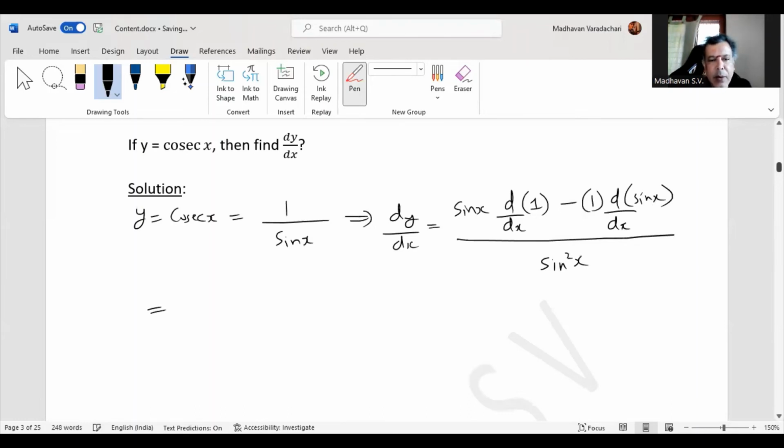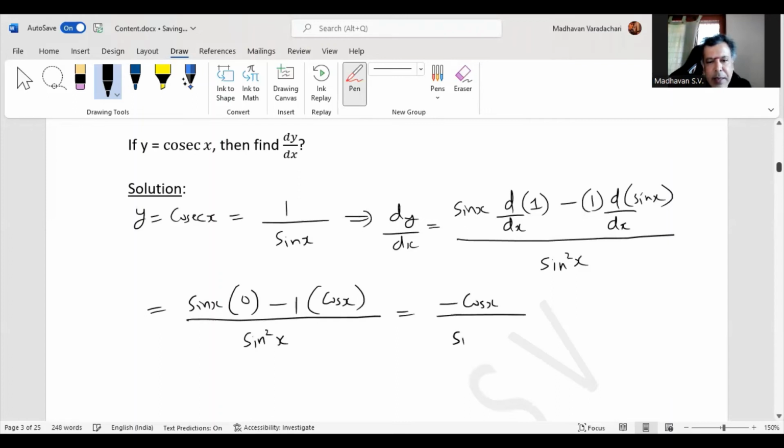So that will be now sin x, d by dx of any constant will be 0, minus 1 times d by dx of sin x is nothing but cos x, the whole thing divided by sin square x. So this is nothing but 0 minus cos x, which is minus cos x, divided by sin square of x. That can be split as minus cos x by sin square x can be written as sin x into sin x.